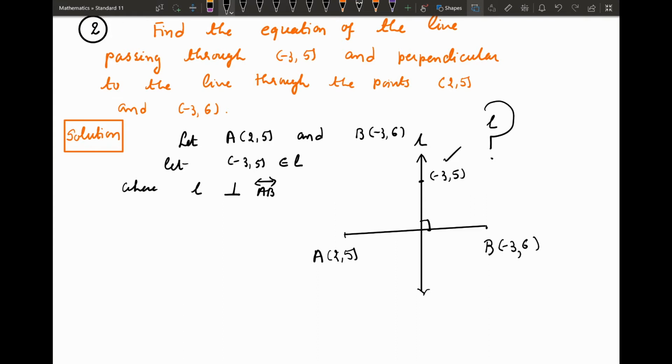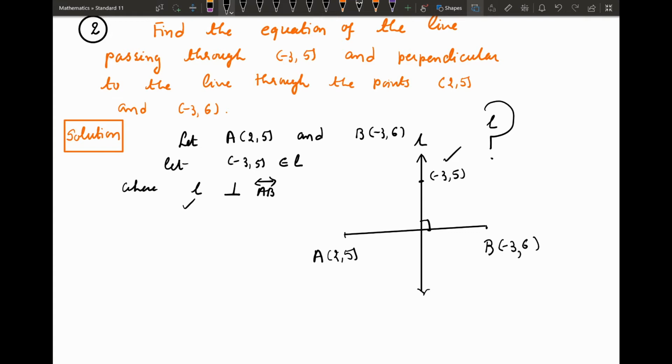So from the slope of AB we can get the slope of L. We know two lines are mutually perpendicular if and only if m1 into m2 equals -1. So first we will find the slope of line segment AB using (y2 minus y1) upon (x2 minus x1).